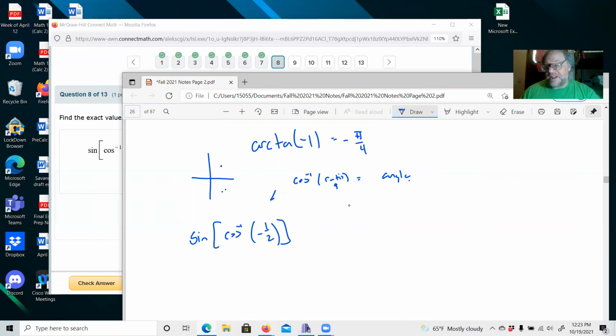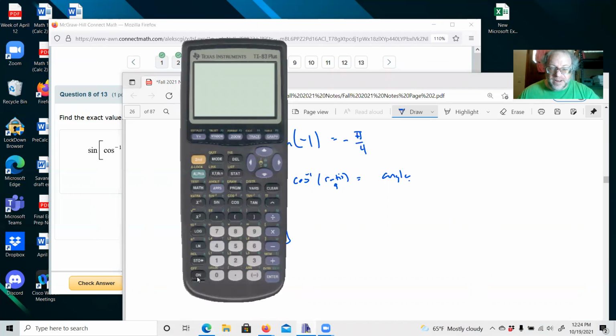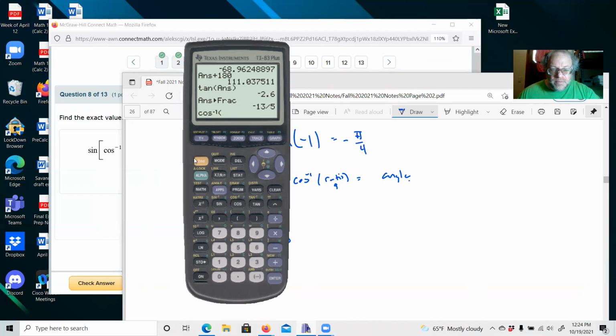For the beginning ones, it's fair that they look like ratios, but someday they're going to look like, what do you mean inverse cosine of pi over 6? You can't do that. Oh, sure you can. Just quickly put it in, inverse cosine of pi over 6. 60 degrees ish.